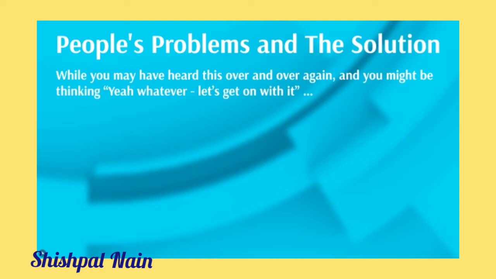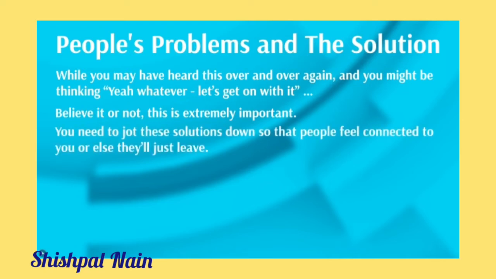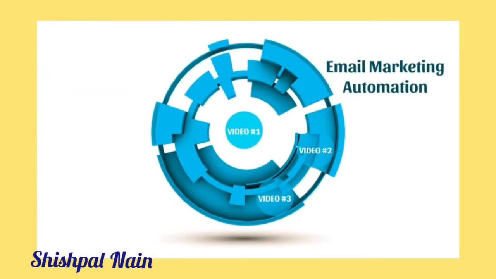But if you build a list to build a list without any sort of plan, without even understanding their problems and pains, you don't really know what stage they are at. Does that make sense? So believe it or not, this is extremely important. You need to jot these solutions down so that people feel connected to you, or else, of course, they'll leave. So with that said, let's move on to video number 4.